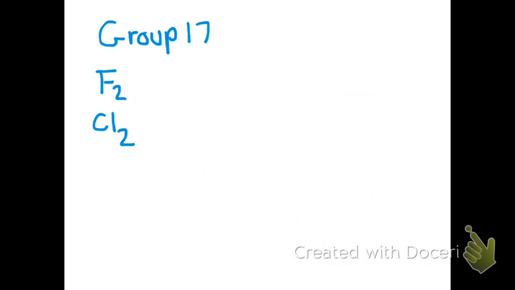Alright, so now what we're going to do is look at the melting point trend for group 17, on the periodic table, which are the halogens. Now, if you remember, these halogens are all diatomic, so we're going to start with F2 and Cl2 and Br2 and I2 and At2, okay?